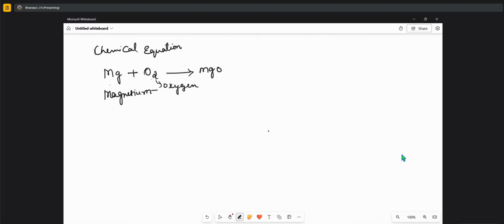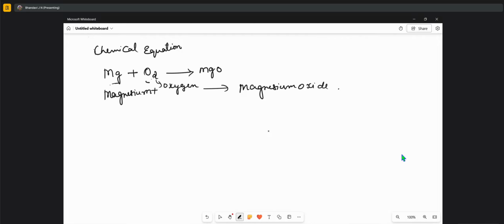So magnesium plus oxygen, you will get magnesium oxide, right? So instead of the word equation, we use its molecular formula, its symbols, to write the equation. That we call a chemical equation. Chemical equations are very important in chemistry. You have to write equations. Only then will it be scoring.